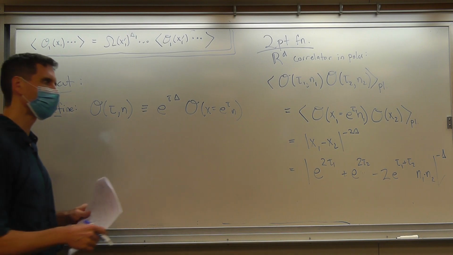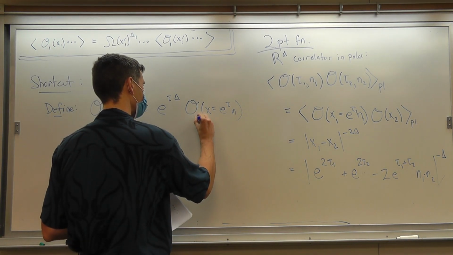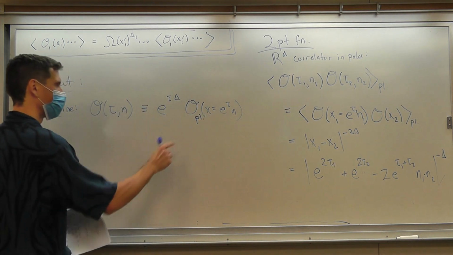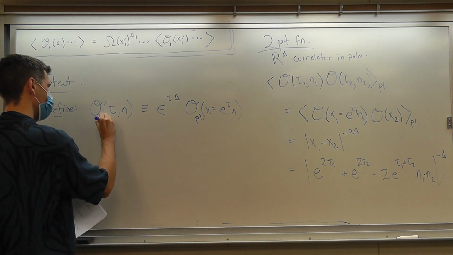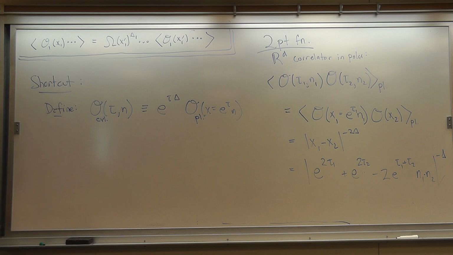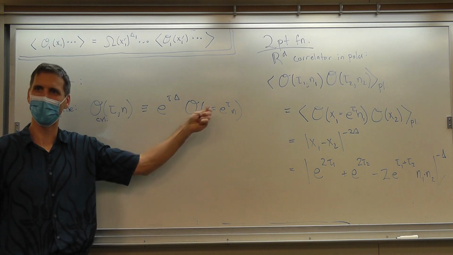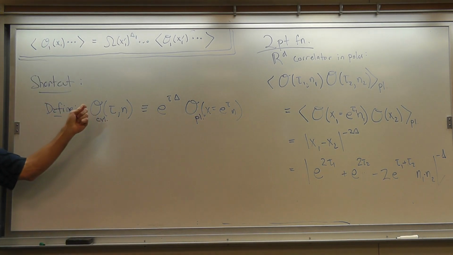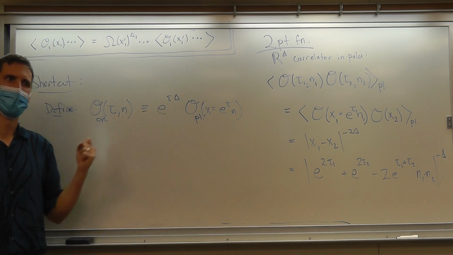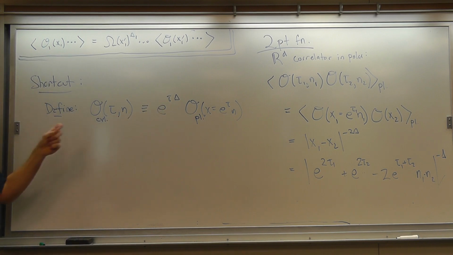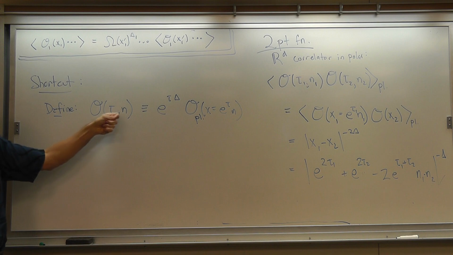Sometimes when people are being friendly, they'll label these to show that they're different operators. That's O plane, and this is O sil. But more often, they'll just not label them. These are different operators. This is a definition. O plane is the usual operator we talk about. O sil is a new operator, which is defined this way. But people expect you to be able to figure it out by what arguments you put in.